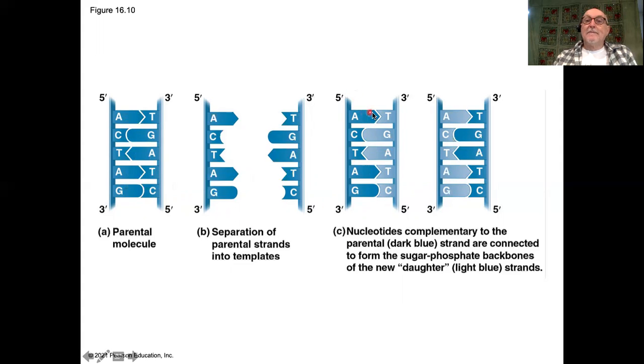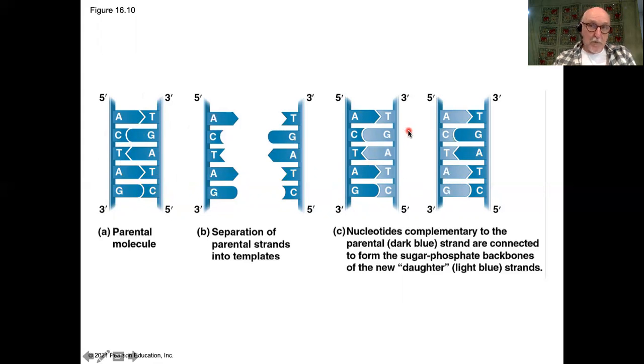Yes, we bring these bases in, but look, they come in and they are automatically anti-parallel. They automatically replicate the parental molecule. There it is there, exactly the same. And here it is here, exactly the same. So we now have ended up with 2 replicas of the original.